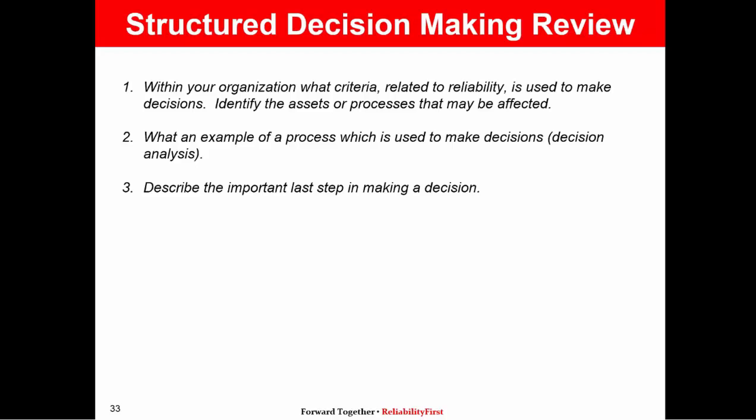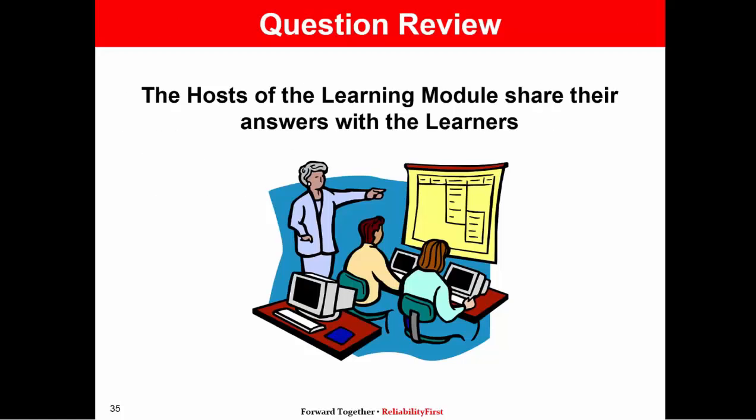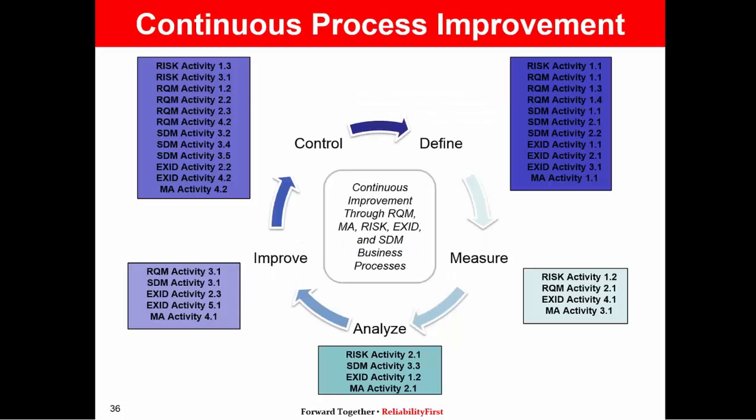So in conclusion, we reviewed all 5 of the management practices that we consider part of our strategic initiative. These are really good examples of a continuous process, and as you can see from our illustration here, we've identified the objectives and activities associated with what we call define, measure, analyze, improve, and control.